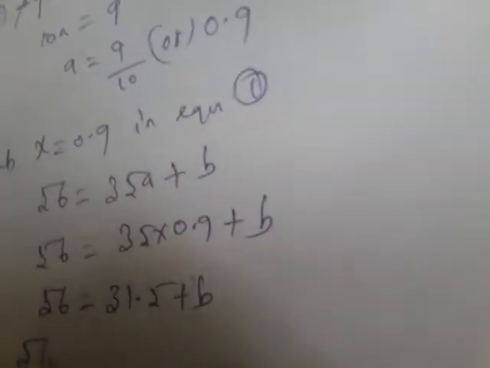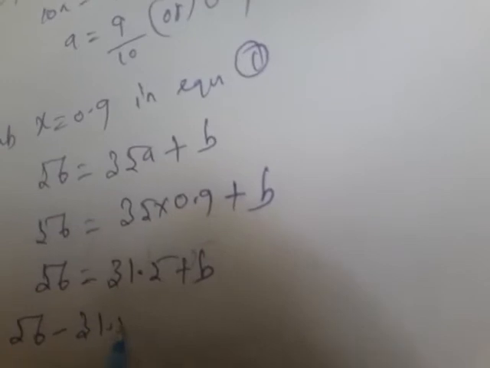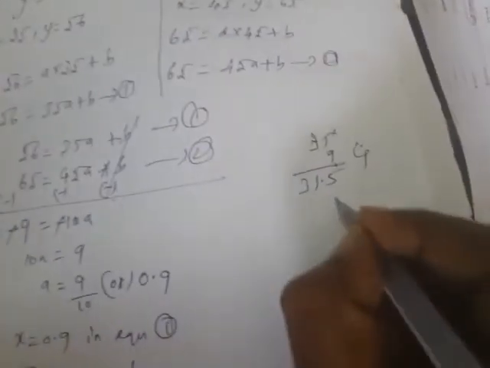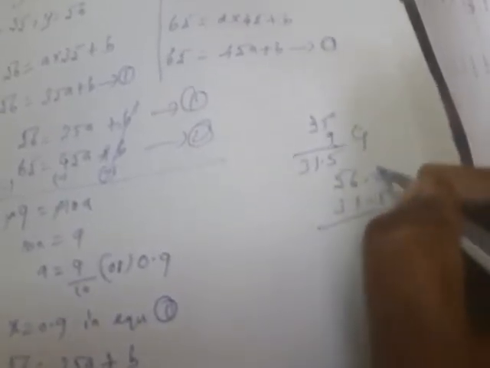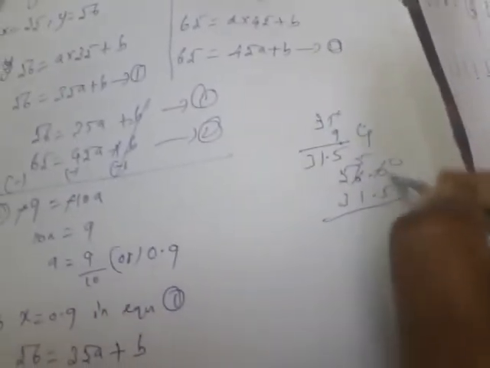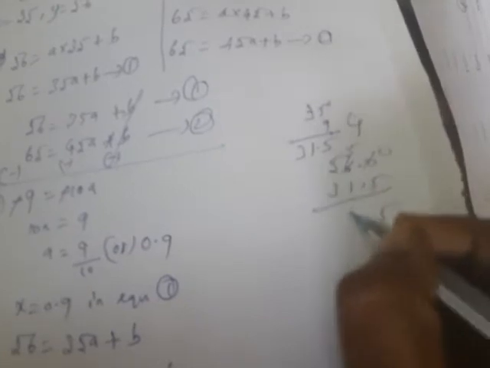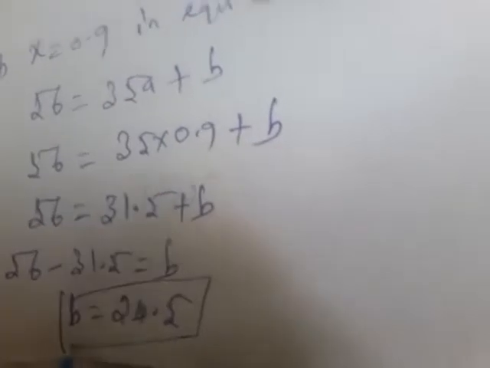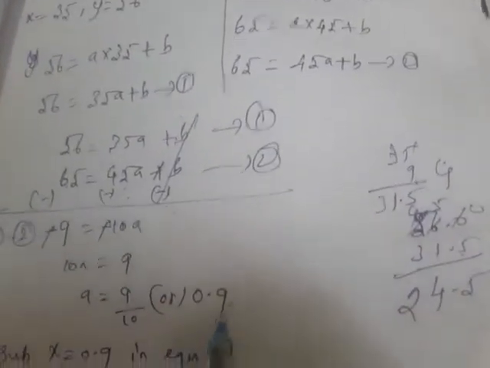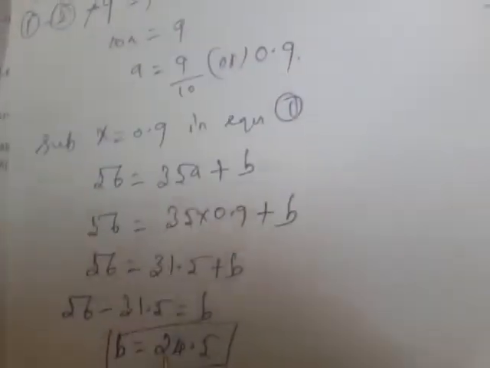This b you have to keep here, move this side: 56 minus 31.5 equal to b. Subtracting, b is equal to 24.5. So the second part is over. The a value we found, and the b value also found.